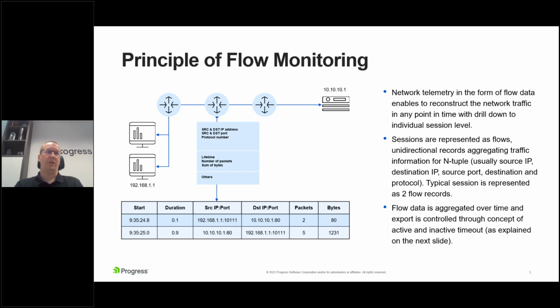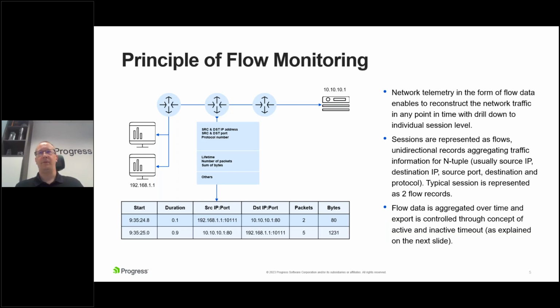So one network session will be represented as two flow records, and aggregated information like the amount of transmitted data, number of packets, or duration will be aggregated as the packets are flowing over the network.